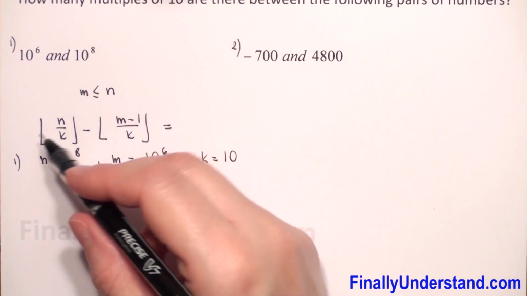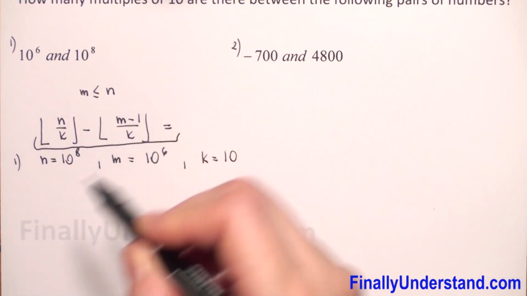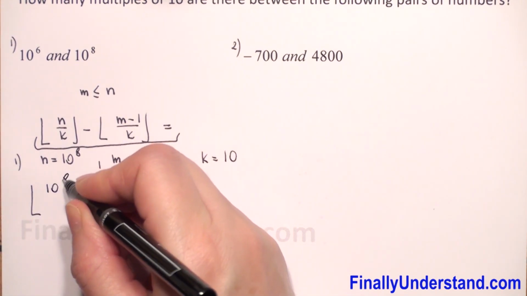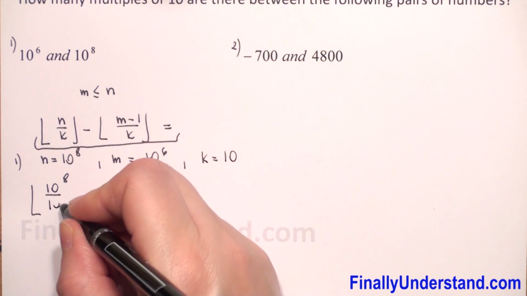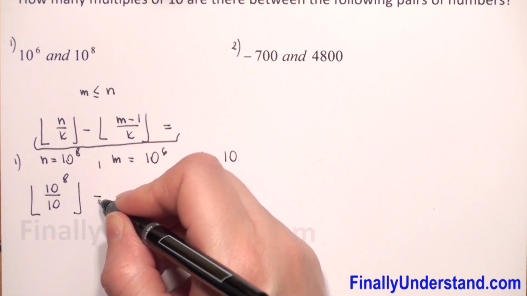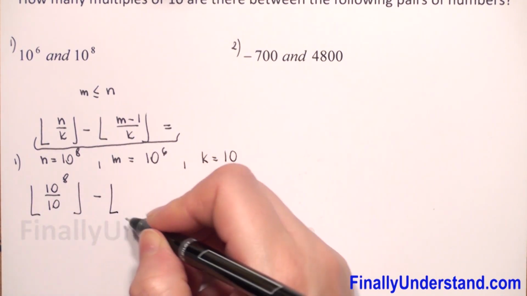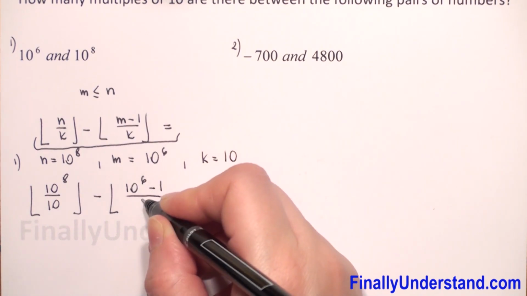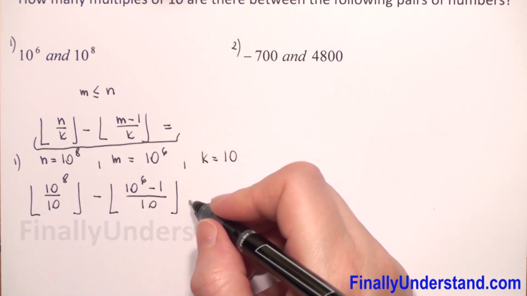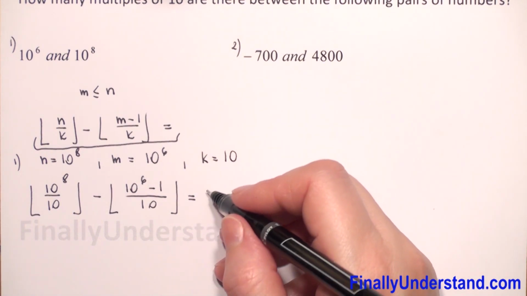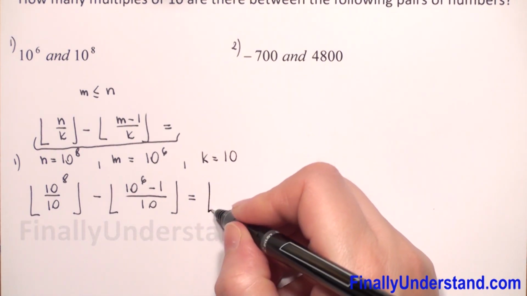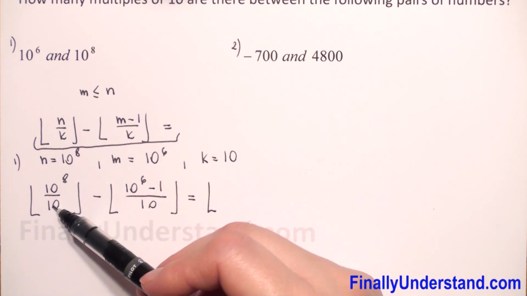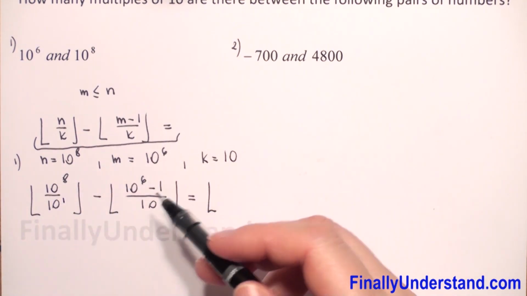So we have to use this formula. We have floor of 10 to power 8 over 10 minus floor of 10 to power 6 minus 1 over 10. So this is equal, we have floor of 10 to power 8 over 10 is like to first power, so we have the same base.